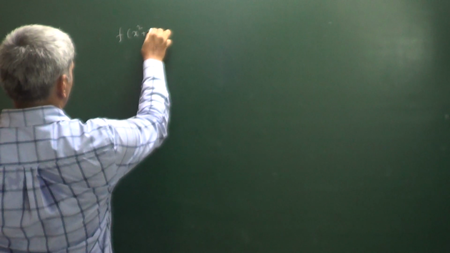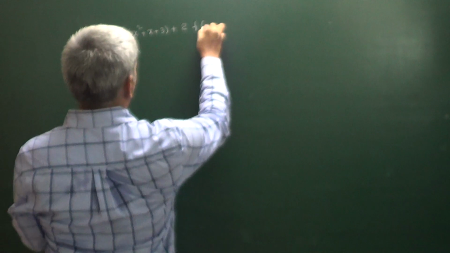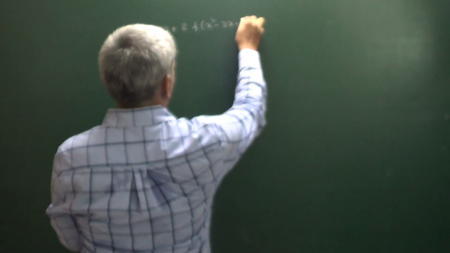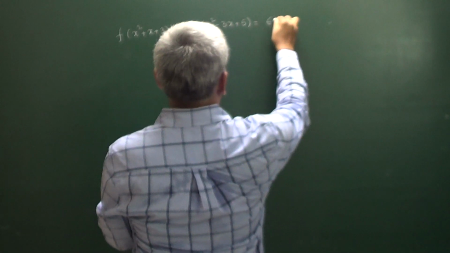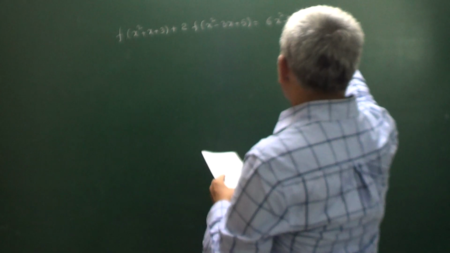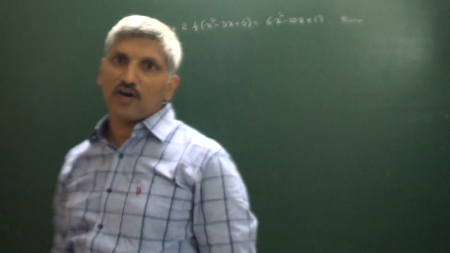So this is one more question. f of x square plus x plus 3 plus 2 times f of x square minus 3x plus 5 is equal to 6x square minus 10x plus 17. Then he is asking what the function f of x is.